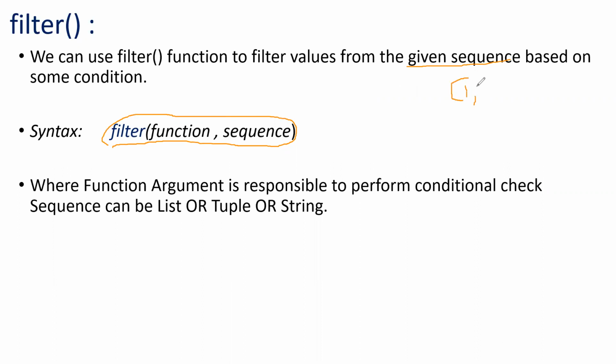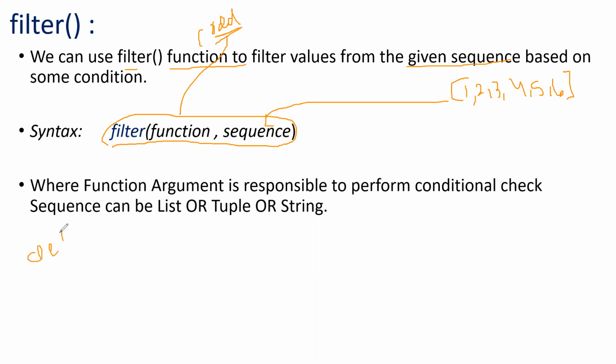The sequence is 1, 2, 3, 4, 5, 6. Now, what is the function we need to write? The odd function. First, we need to define the odd function, then pass the sequence to this function, and it will give the output. What is odd? Odd means not divisible by 2.